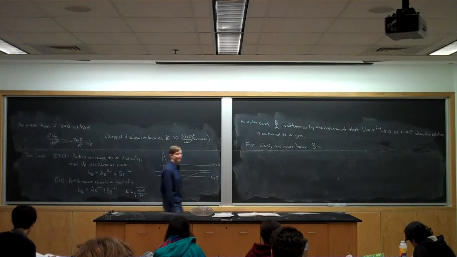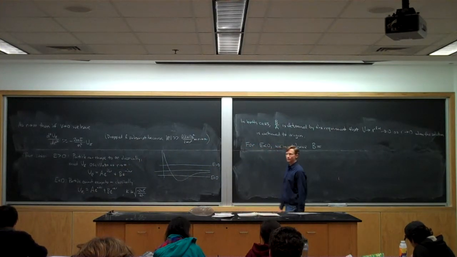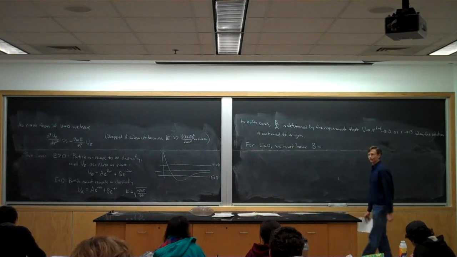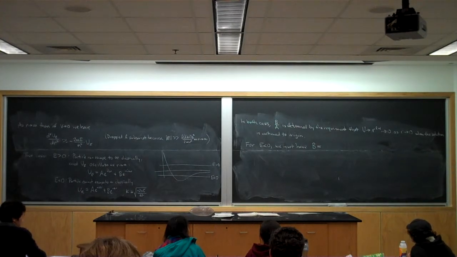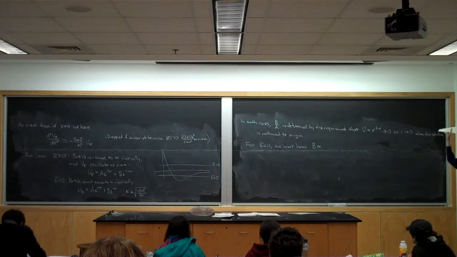And I want a function I can normalize. B has to do what? Has to be 0. Yeah, because otherwise the wave function would blow up as r goes to infinity and it won't be normalizable.